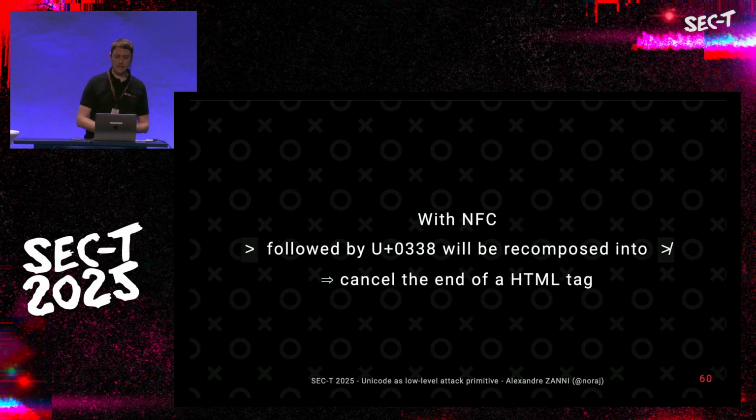So if I get a normal closing HTML character followed by a weird Unicode character, as I told you earlier, there is a composing mechanism that could combine two characters into one. So that's what will happen here, and it will recompose this into another Unicode character that has no meaning in HTML.